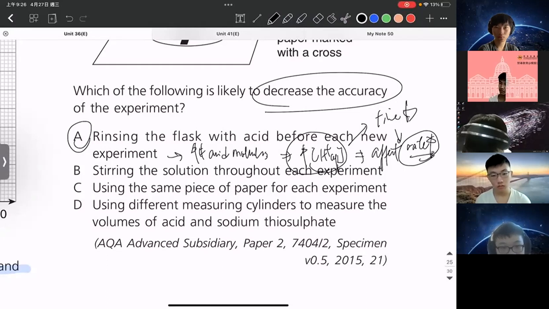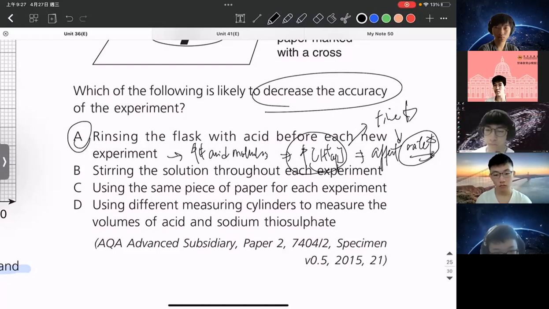But of course, if you choose different measuring cylinders, like one is a 10 ml measuring cylinder and the other is a 100 ml measuring cylinder, the error will be quite big, especially when using a 100 ml measuring cylinder to measure a very tiny volume, because the graduation will not be so precise.